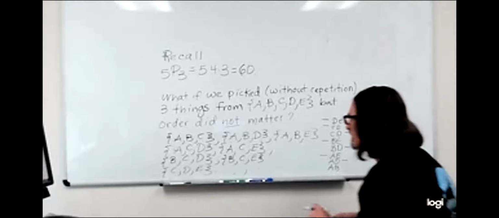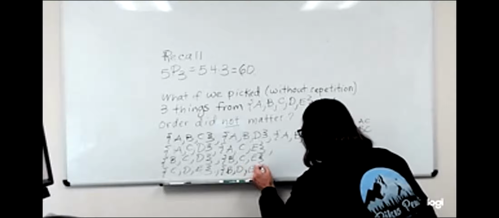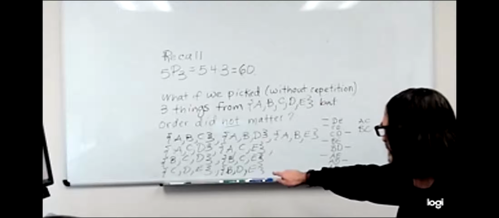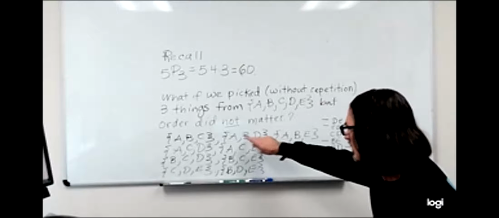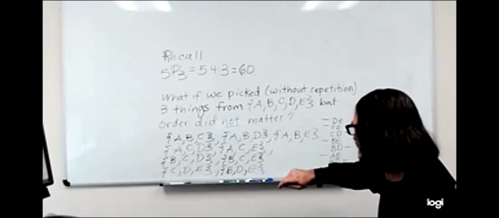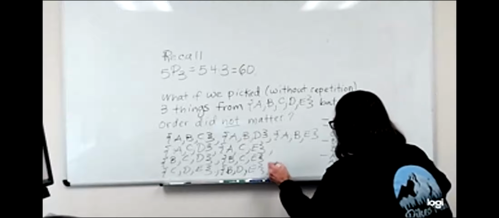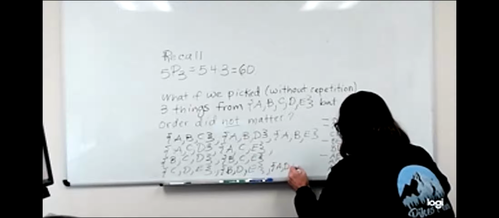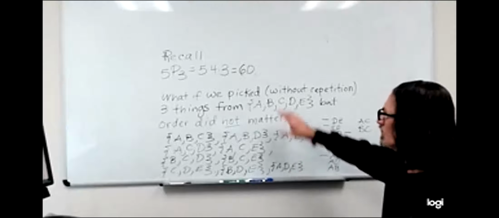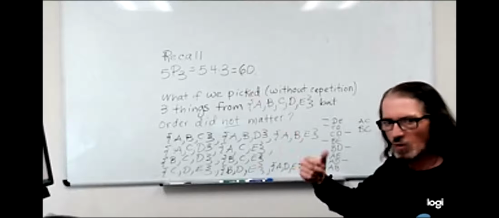All right, so leave out AC. That's going to give me B, D, and E, which, double checking here, was not anything I had already listed. BD, this has BD, but A, not E. Remember, order does not matter. Okay, and then leave out BC. That should be my 10 ways that I could pick from 5 available, pick 3, no repetition, but order does not matter.